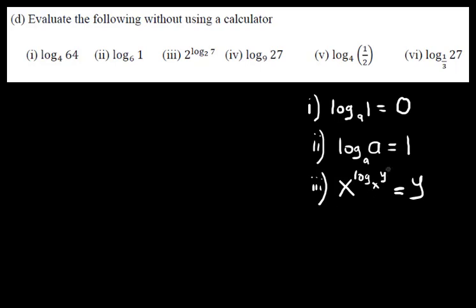In order for us to prove this one, we will use numbers that are familiar to us, something that will be easy for us to calculate. So if we had 5 raised to the power log 5 of 25, using the third rule that we have stated, we can easily cancel this out and say our answer is equal to 25.